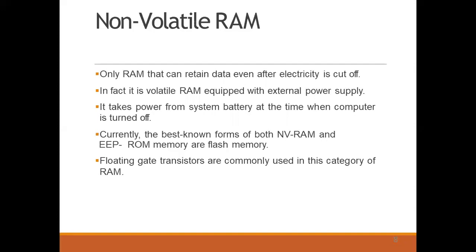So that's the interesting thing. It takes power from the system battery at the time when the computer is turned off, so it can retain the data for a certain period of time. Currently, the most known form of both NVRAM and EEPROM memory is flash memory. We all know what flash memory is. Floating gate transistors are commonly used in this category of RAM.